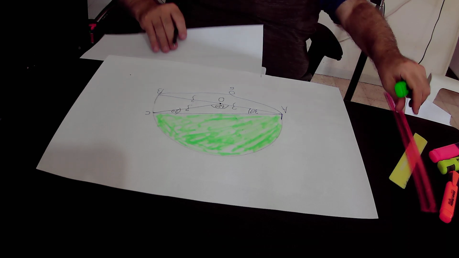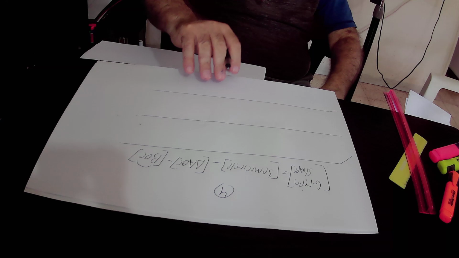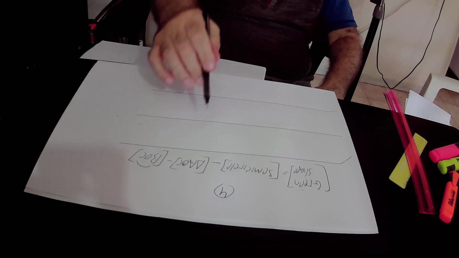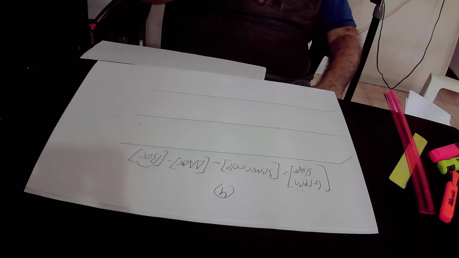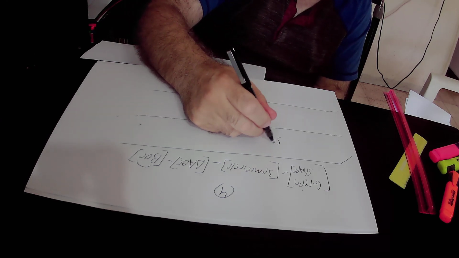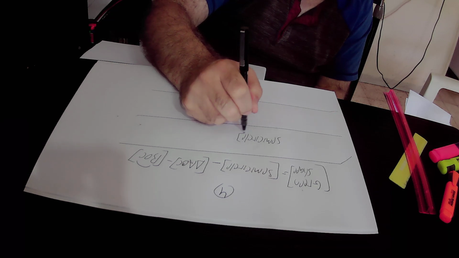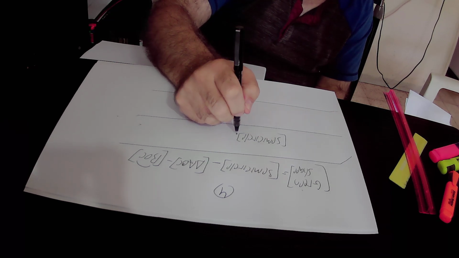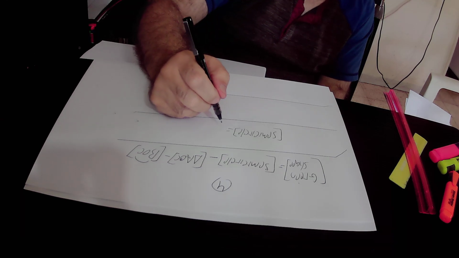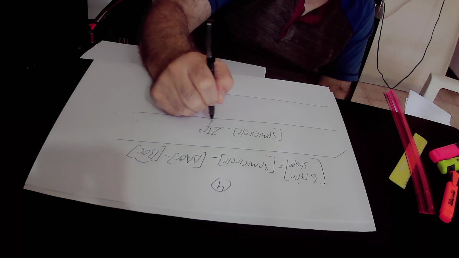I'll repeat again, the area of the green shape according to the second method equals the area of the semicircle minus the area of triangle AOC minus the area of sector COB. So what is the area of the semicircle? The area of the semicircle is equal to the area of the circle over 2, that is pi r square over 2.